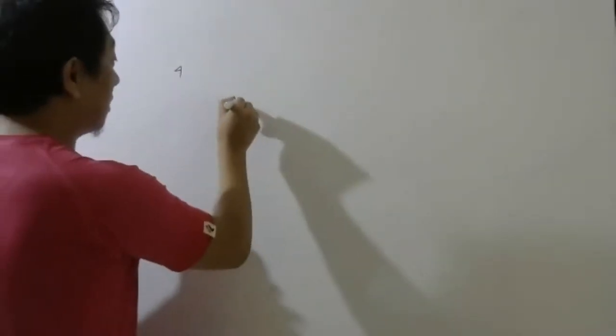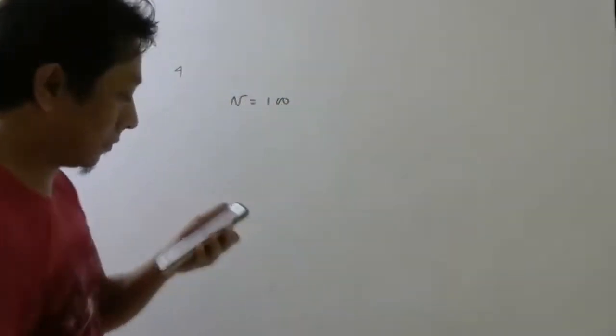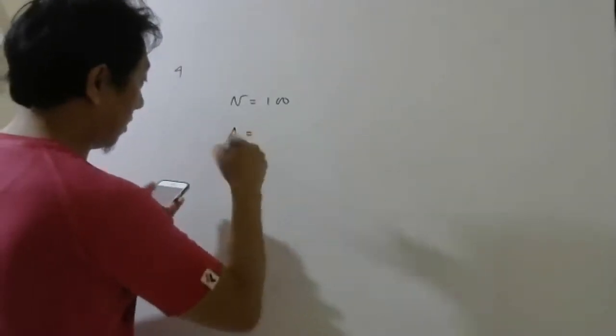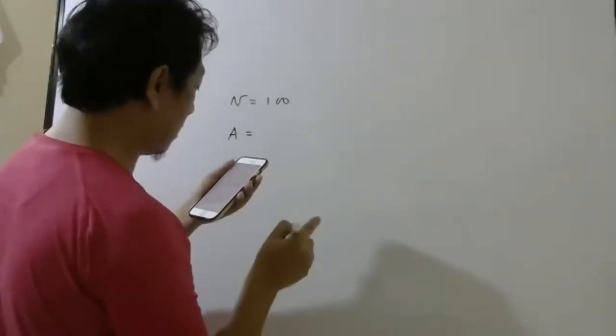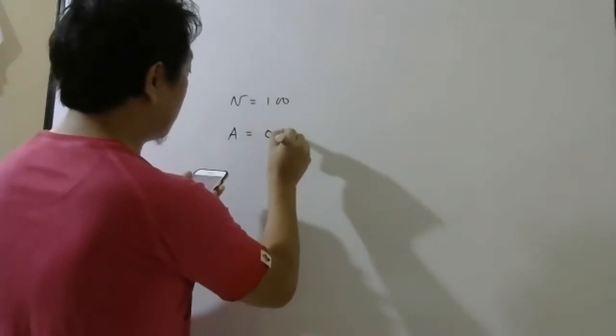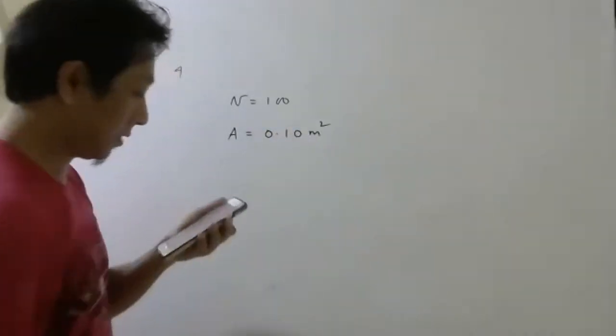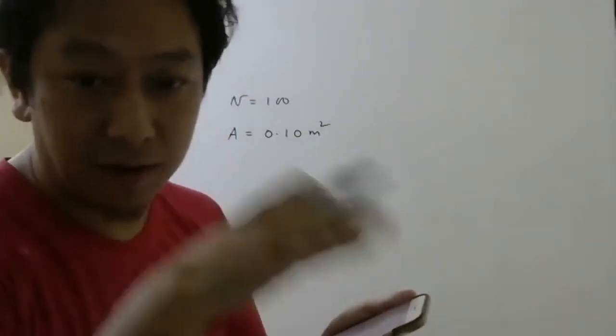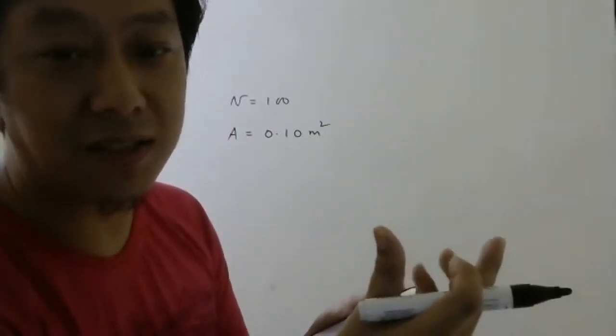So number of turns is 100. Area of each turn is given 0.10 meter square. The coil rotates because she is rotating the pedal, so that motion is passed to the coil.